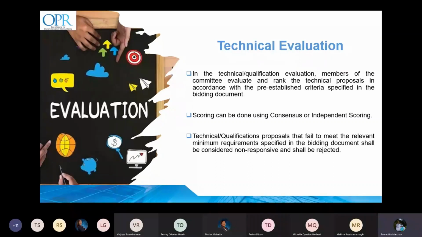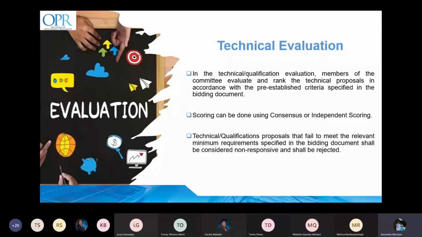This discussion would also allow members to benefit from the knowledge shared by the technical experts on the committee. However, this discussion should not be used to influence any member.